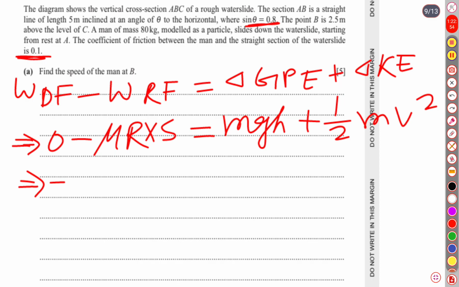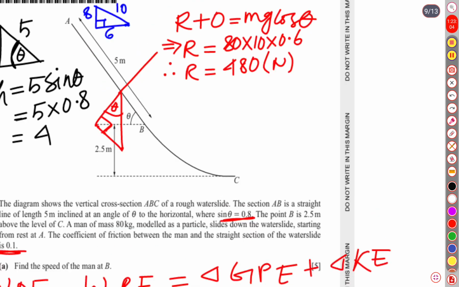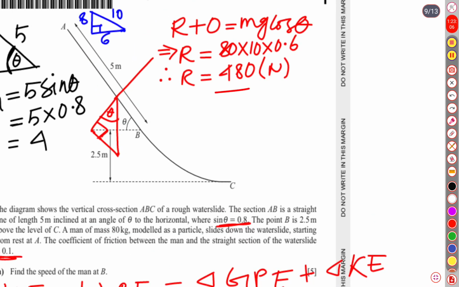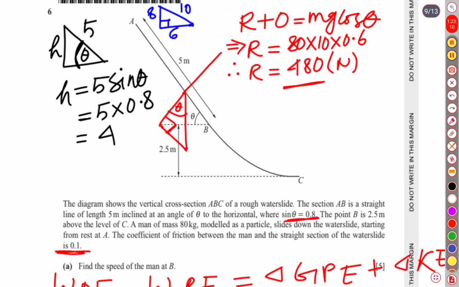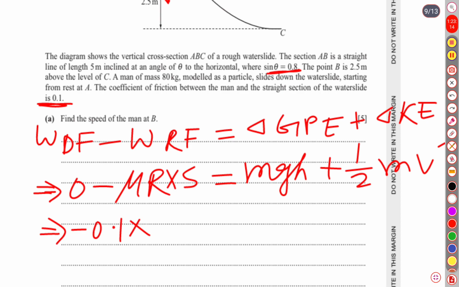So it is negative 0.1 into resistance to motion. We have already found normal reaction is 480 Newton. R is 480. Already we have found here 480. So let us write, and displacement is 5 meter. He traveled a distance of 5 meter.